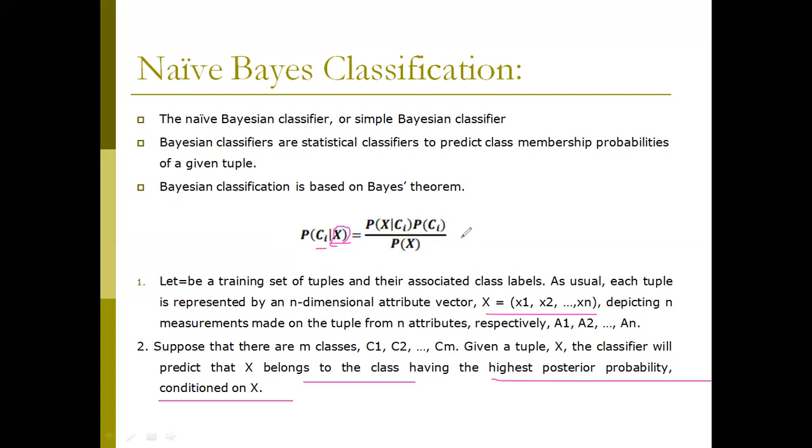Now in naive Bayes classification, you can use the same theorem, or otherwise we have one more formula, except for this part, to find the maximum probability of a given tuple.